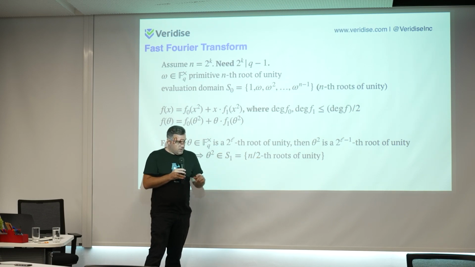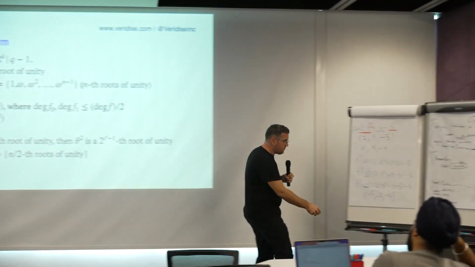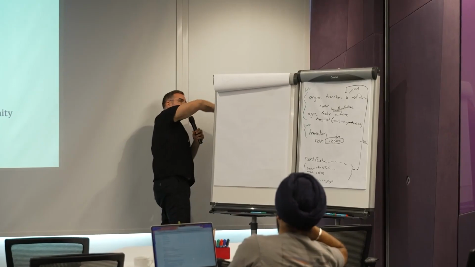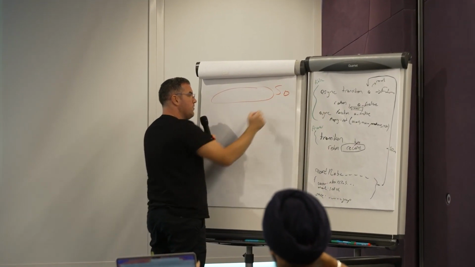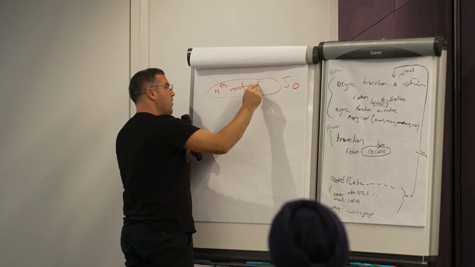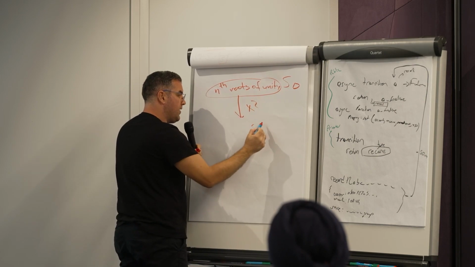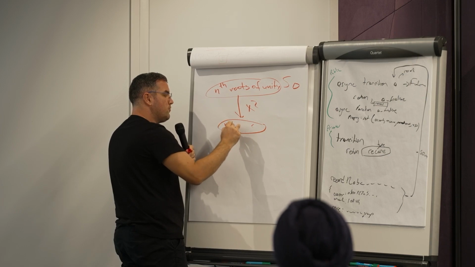So you should think of this as you have a set of roots of unity that you have chosen as your evaluation domain. So the nth roots of unity form a certain set, S0. And then you do a squaring operation, and you're mapping all of it to n over 2 roots of unity.